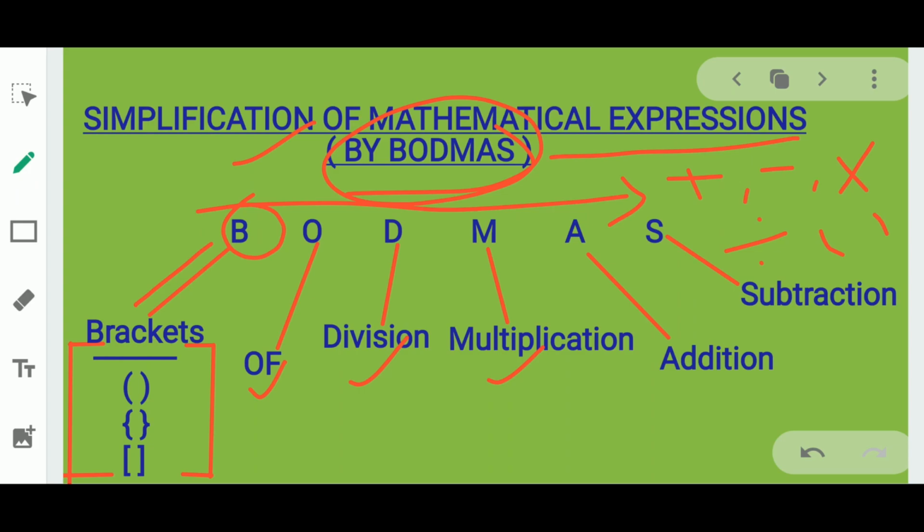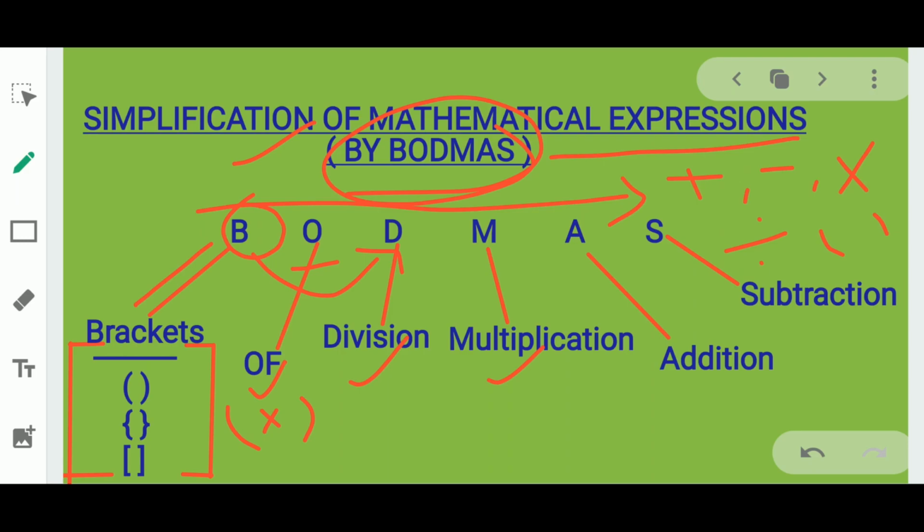Second, we have to solve of, whose general meaning is multiplication. Then we have to divide. After division we multiply, after multiplication we do addition, and after addition we do subtraction. Suppose any one is missing, like O is not present in an expression, then we jump to division after brackets. Then we multiply, and we skip the terms which are not present in the expression.